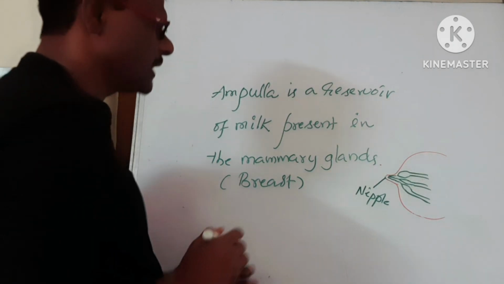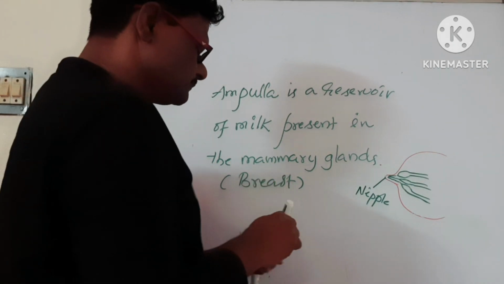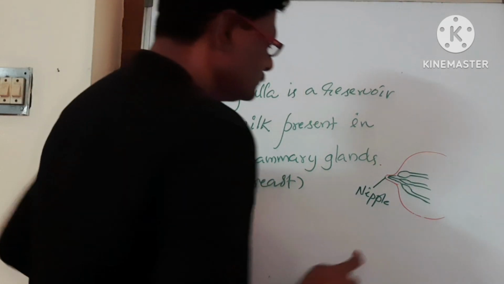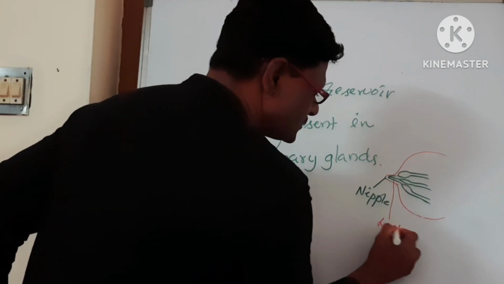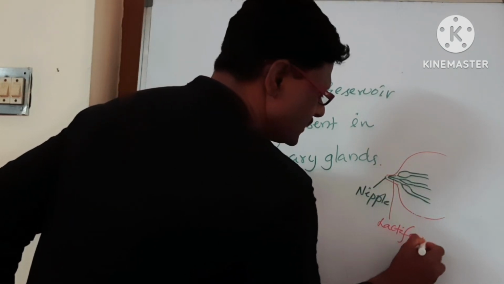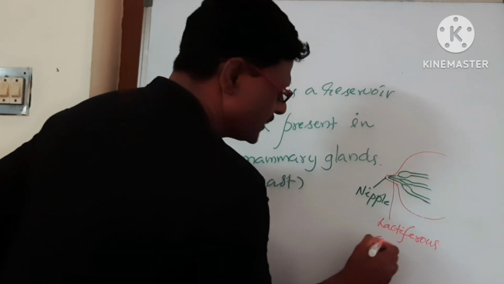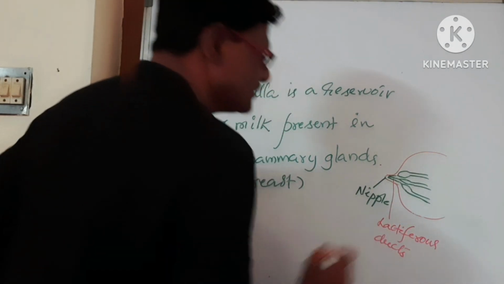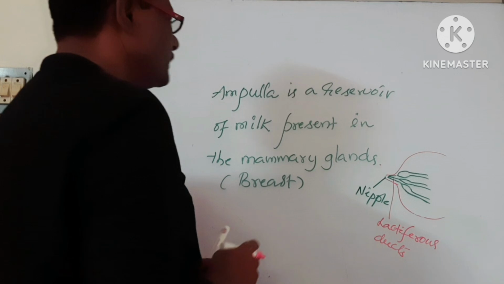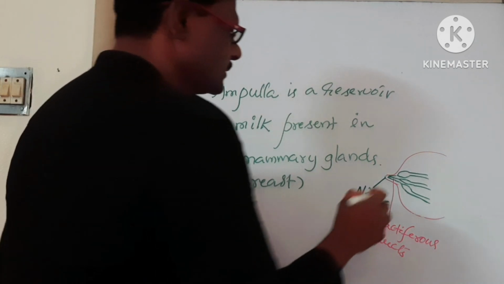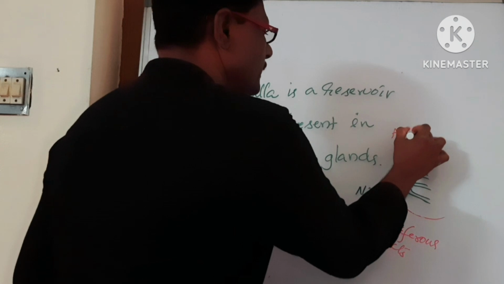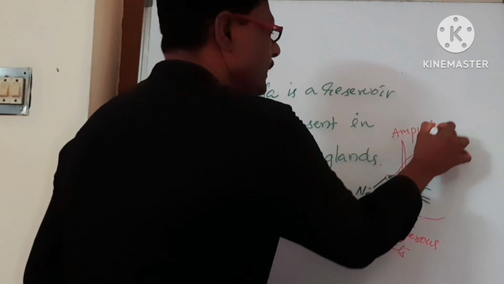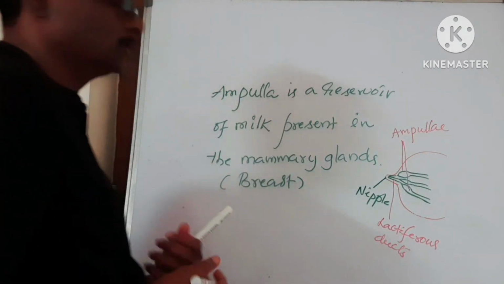Ampulla, the singular word, is ampulla, on the nipple, which are open to lactiferous ducts. And here, ampullae are filled with milk.